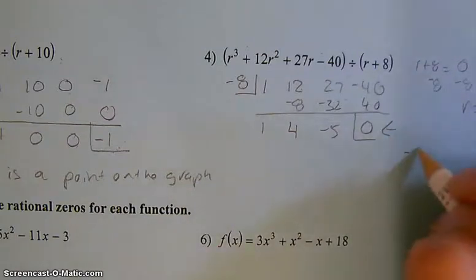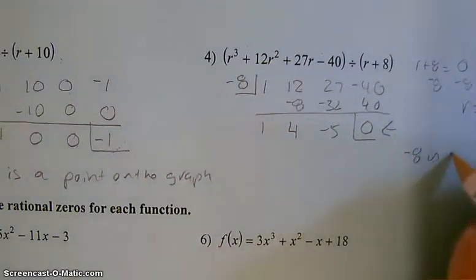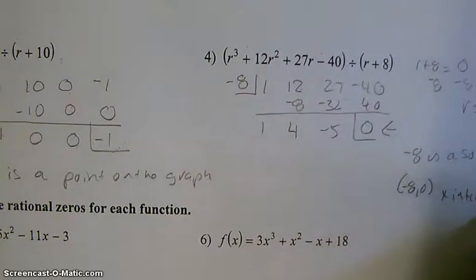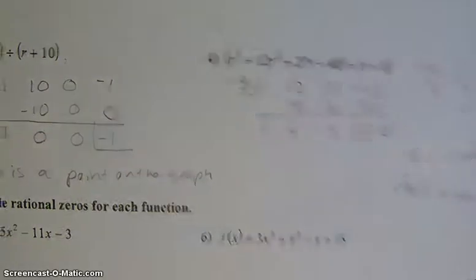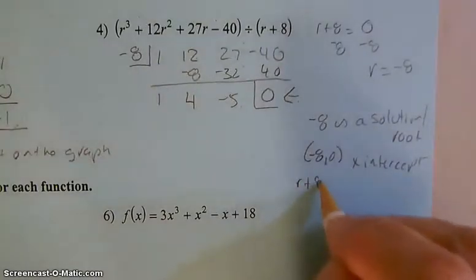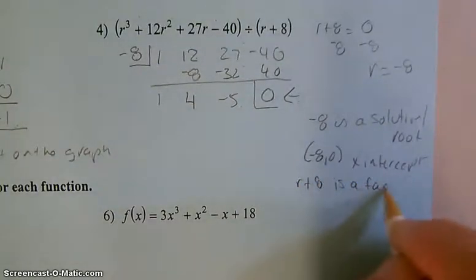That tells me that negative 8 is a solution, or a root. It tells me that it's an x-intercept. It also tells me that r plus 8 is a factor.